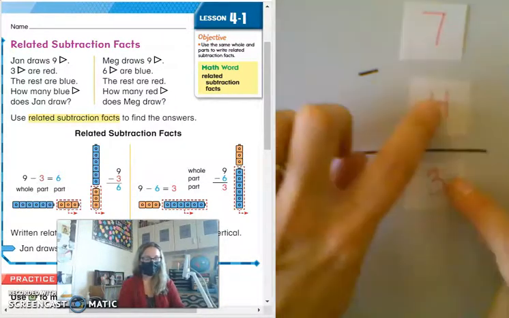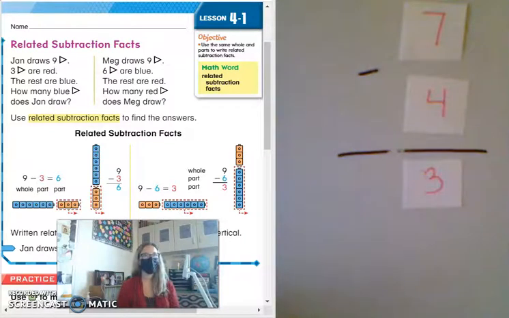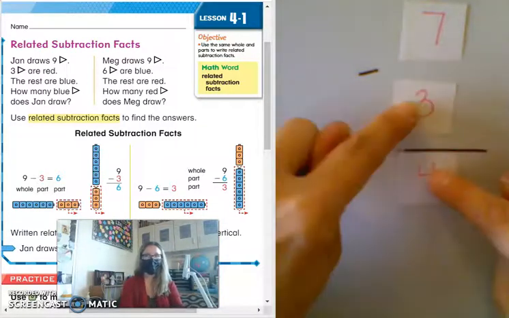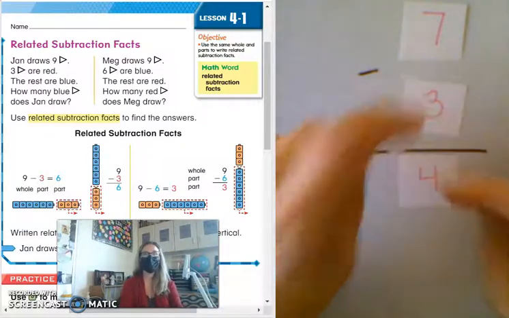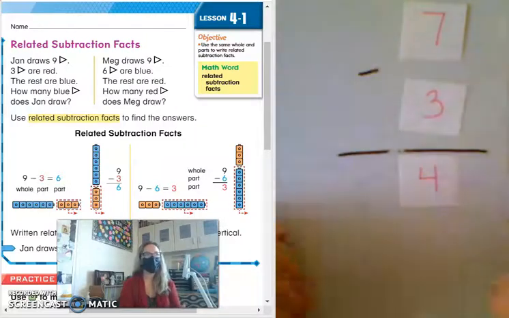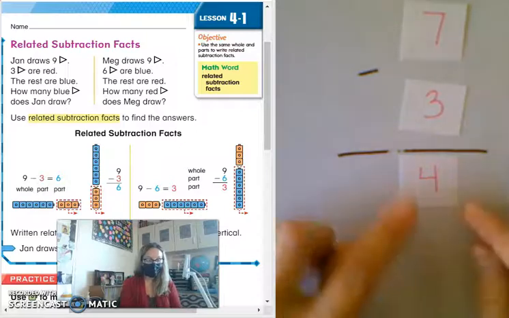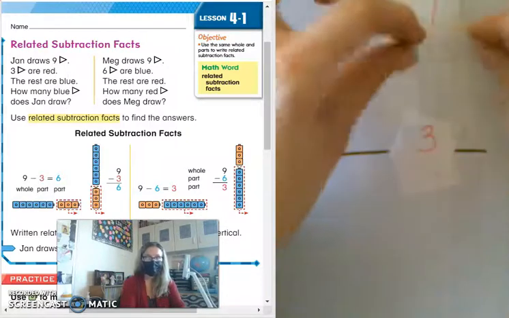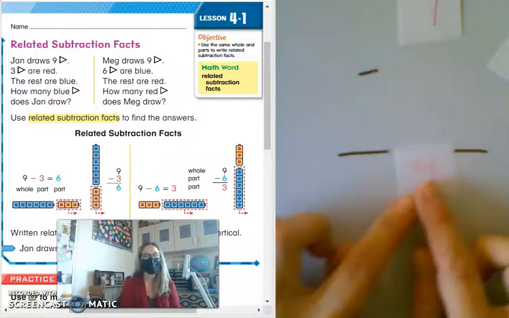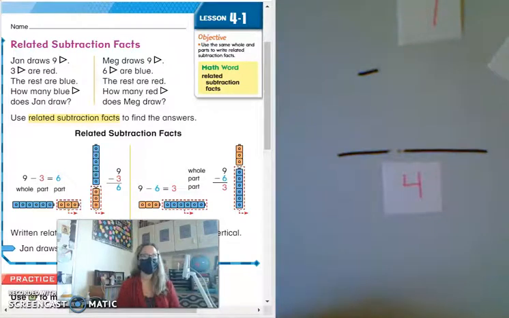Oh, and 7 minus 4 is 3. So related facts in subtraction, we're still flip-flopping our parts. Our parts come after our whole. Okay, so instead of building up 3 and 4 together make 7, now we're saying 7, take away one of those parts, and I get the other part.